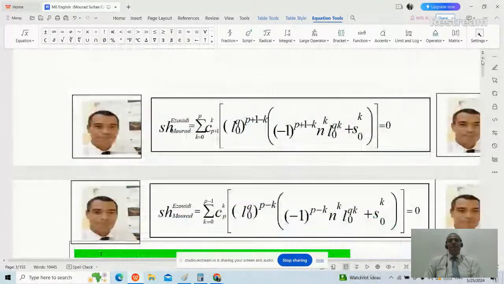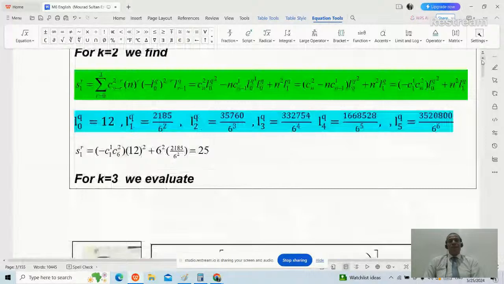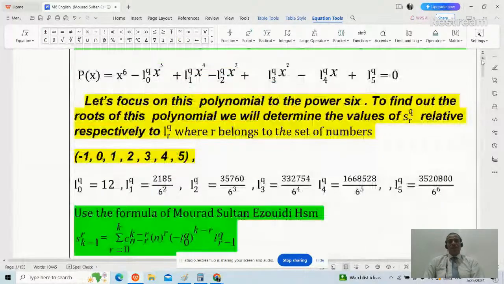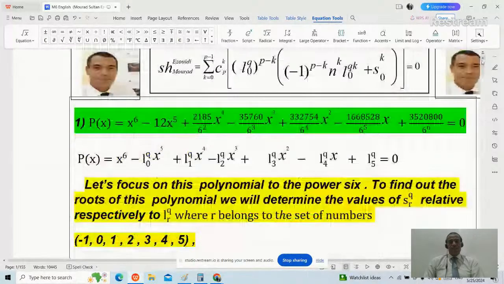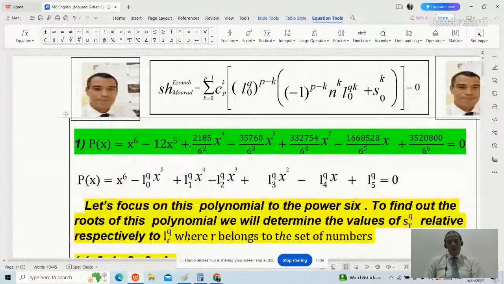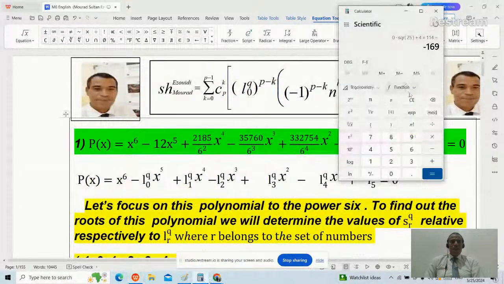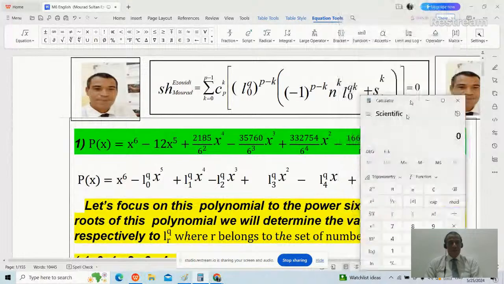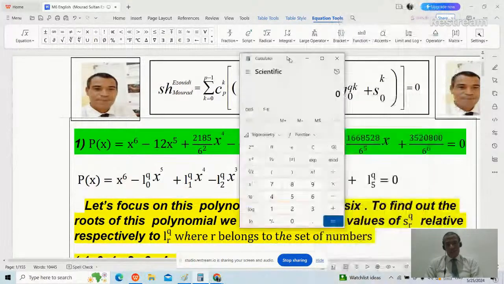Now I'm going to check if 2 is a root. I'll erase this, learners, so you can see that. I will start like that.